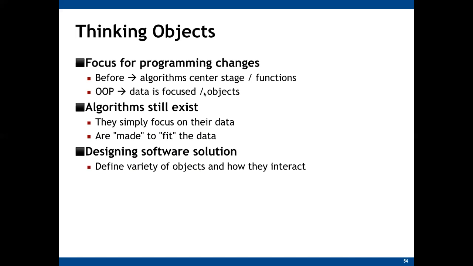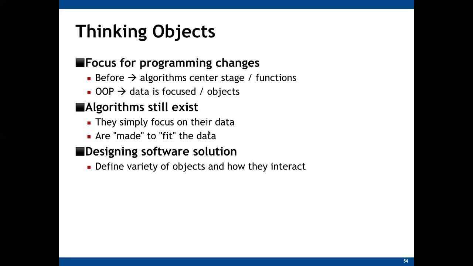In C++, the OOP paradigm, data is more important than functions, and the program is divided into objects, not functions. Algorithms also exist in OOP, but the focus is on the data: the algorithms for operating on data in objects.